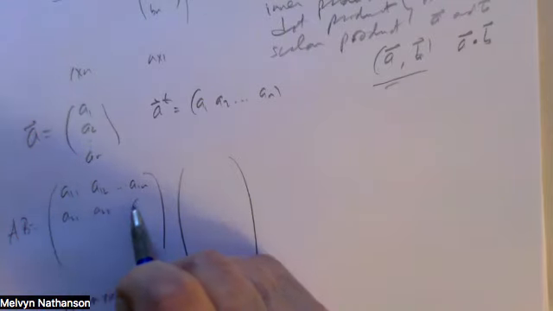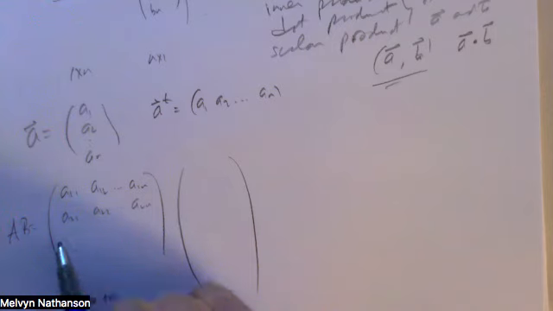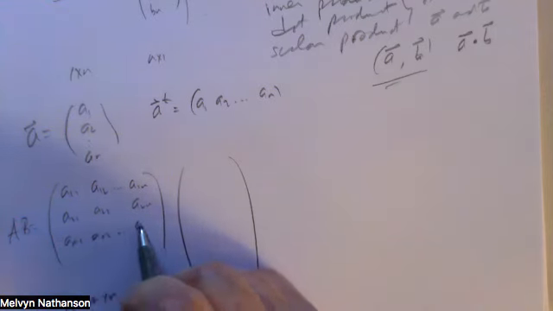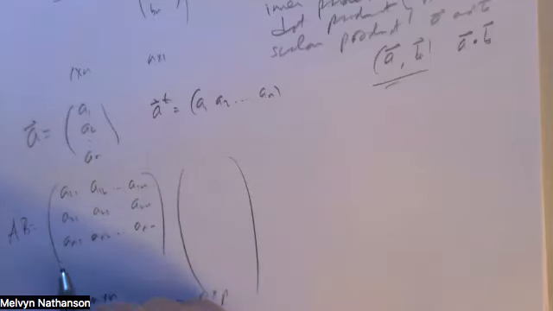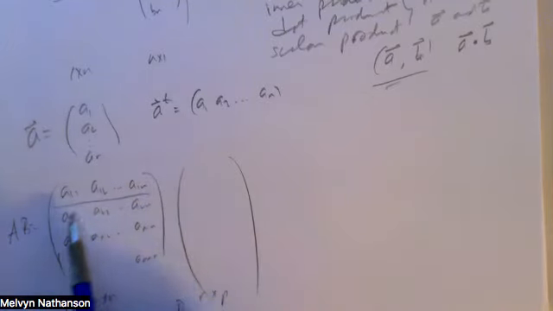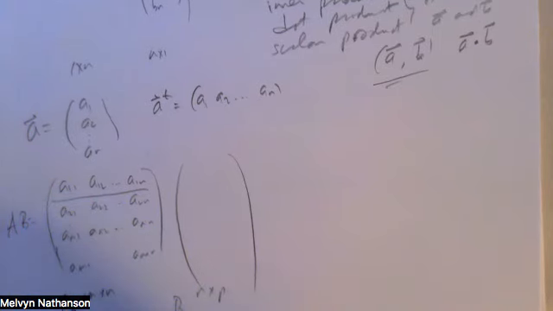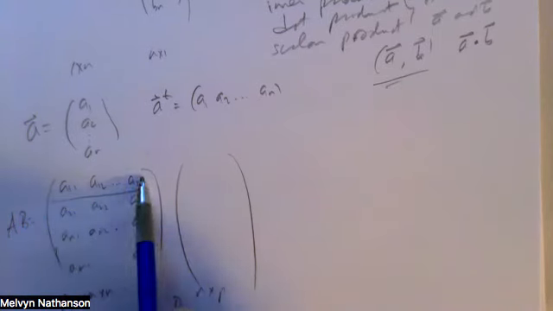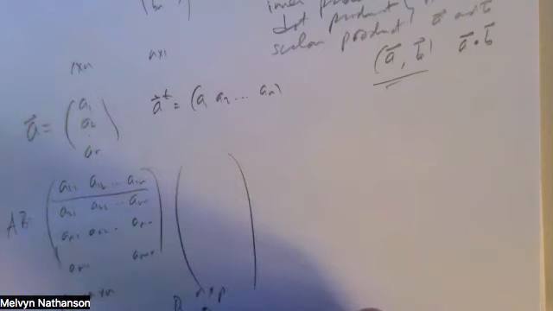A21, A22 up to A2n. The ith row is Ai1, Ai2 up to Ain. And the last row, Am1 up to Amn. So the important thing is this matrix A has n columns. So each row has n numbers in it.